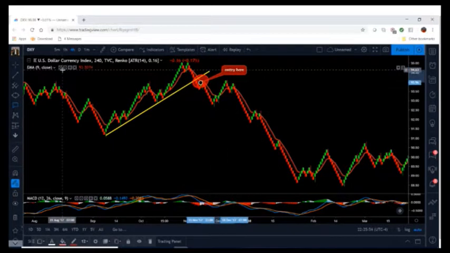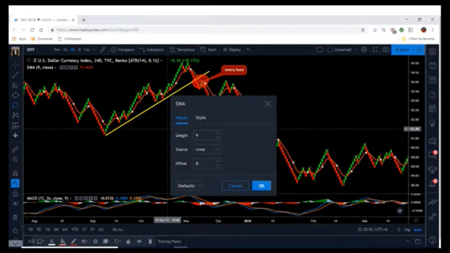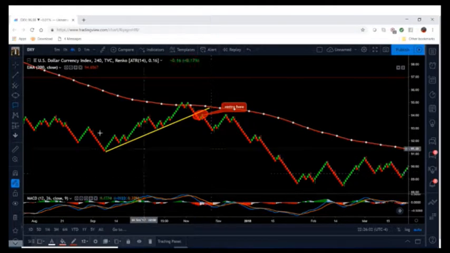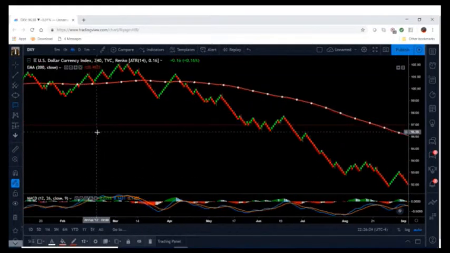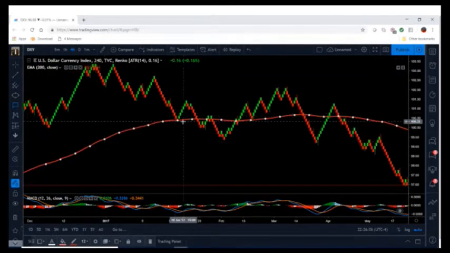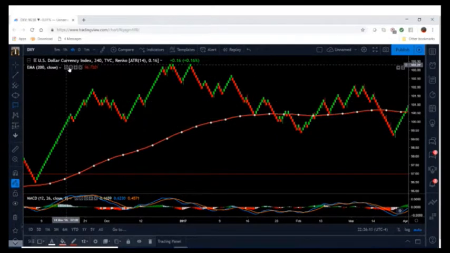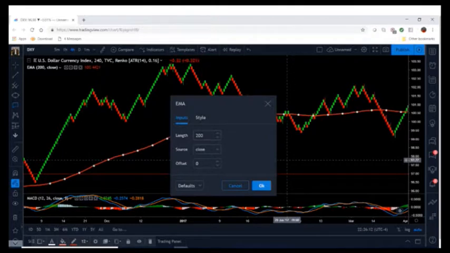Now, look what happens when I switch that back over to 200, right? This wasn't a good example. Where's the break? All right, there we go. What I'm trying to show you is the disparity between the two when you have a smaller one as opposed to a bigger one.